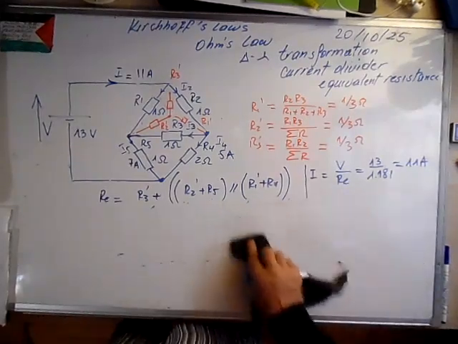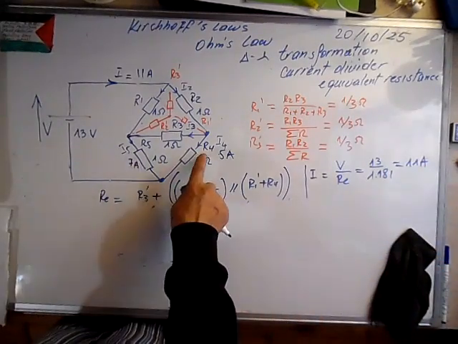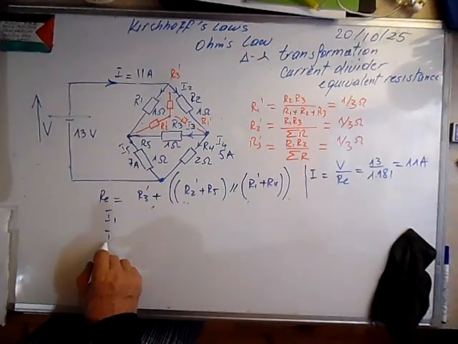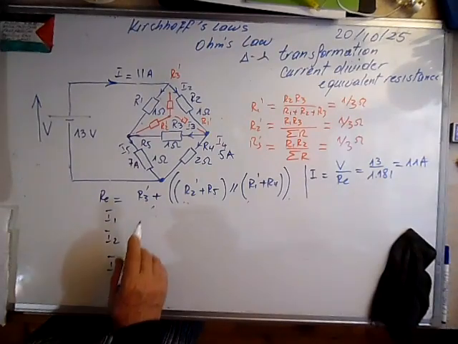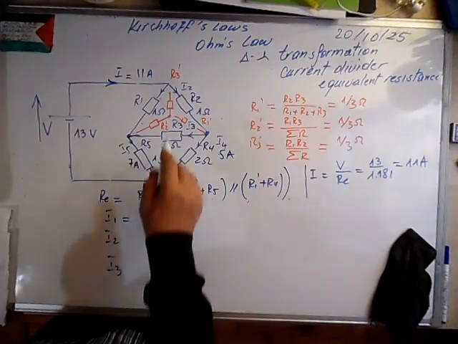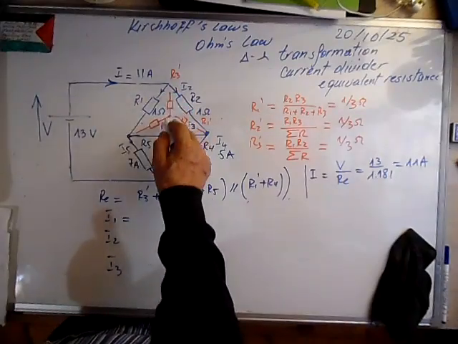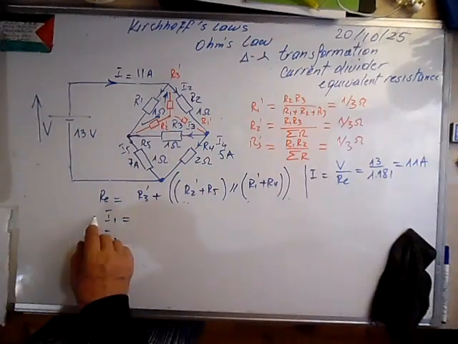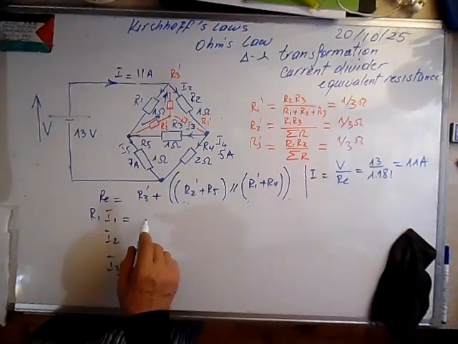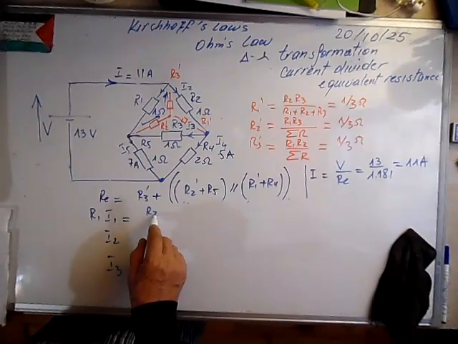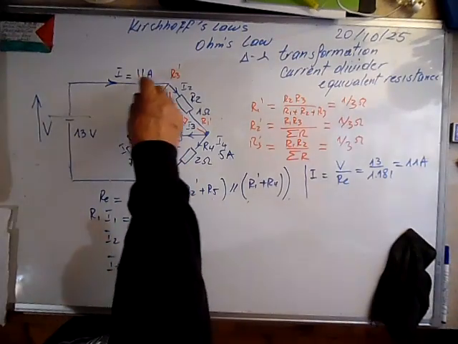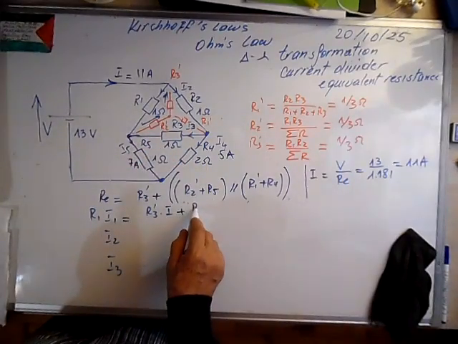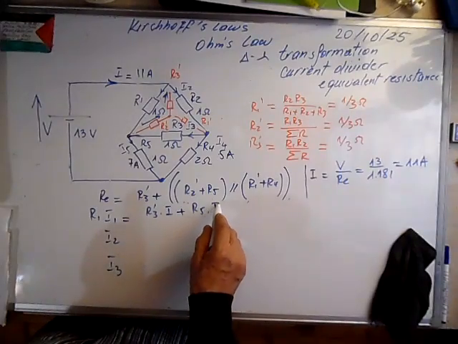We're left now to calculate I1. We calculated I5, I4. We are left to calculate I1, I2 and I3. I1 we can calculate this way because the drop here is equal to the drop here plus the drop here. So R1 times I1 is equal to R3 prime times I, the current that flows here, and here flows I5 plus R5 times I5.